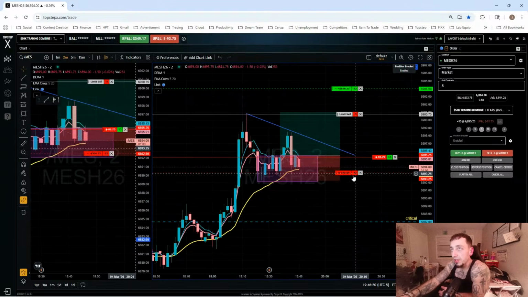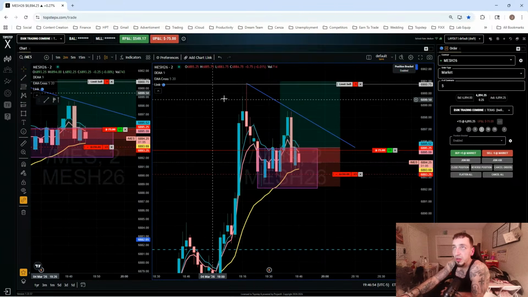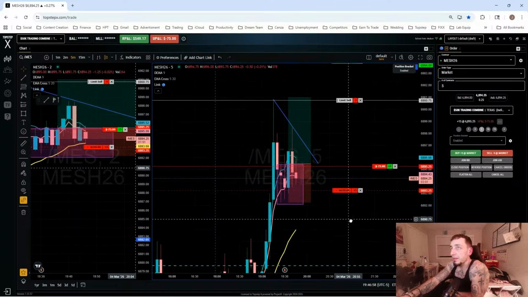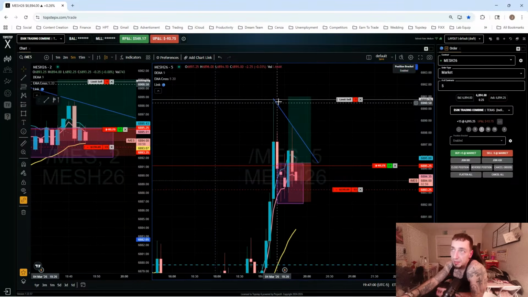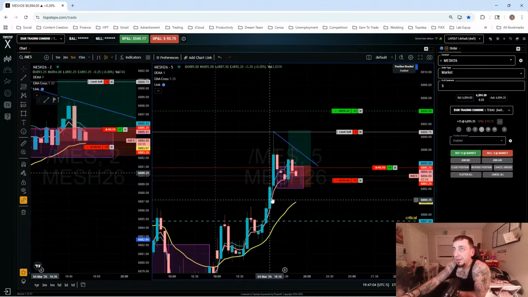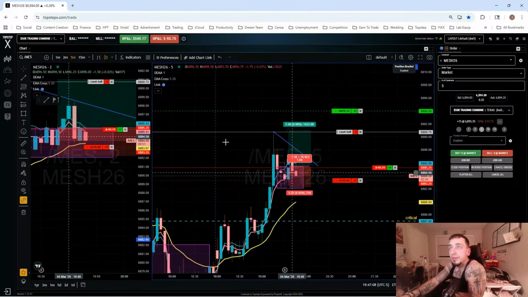I'm going to keep a tight stop here, though. Tight stop. I like us holding that 2 minute 20. I don't really like how this looks, but it's not about what I like. And I don't like the false break below previous day high. So this is pretty ugly. If it clips me, so be it. I'll get back another trade.